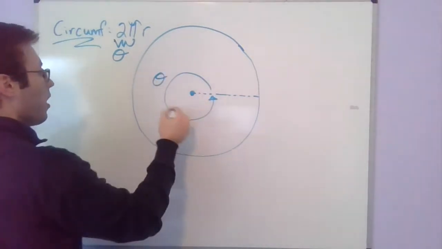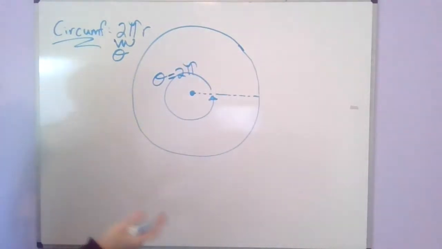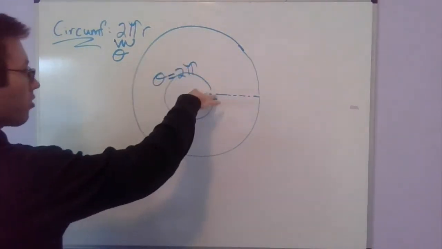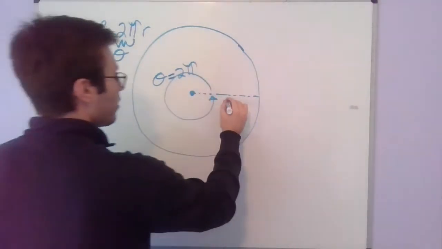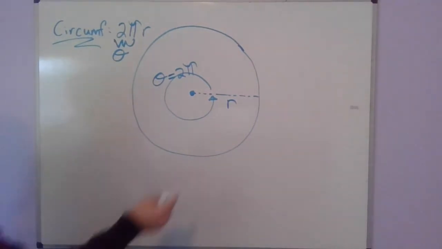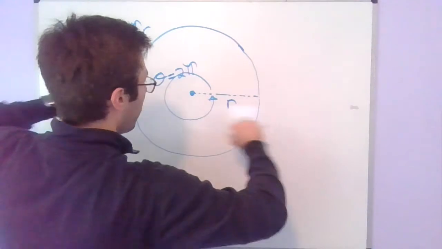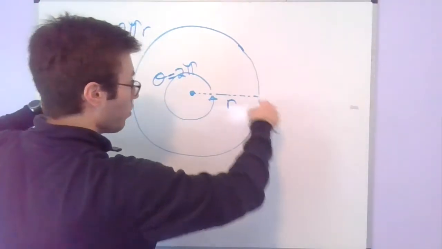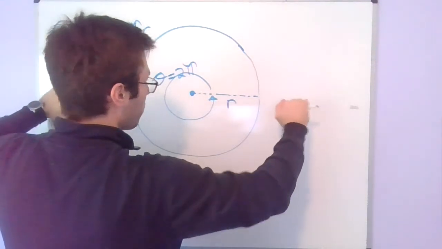So theta can be thought of as equal to 2 pi when you're thinking of going around an entire circle here. So theta is going around 2 pi, and then the radius is r. And this would give us our distance around the entire circle. So if I was going to take a string and measure that distance out, wrap it around the entire circle, it would be 2 pi times r.